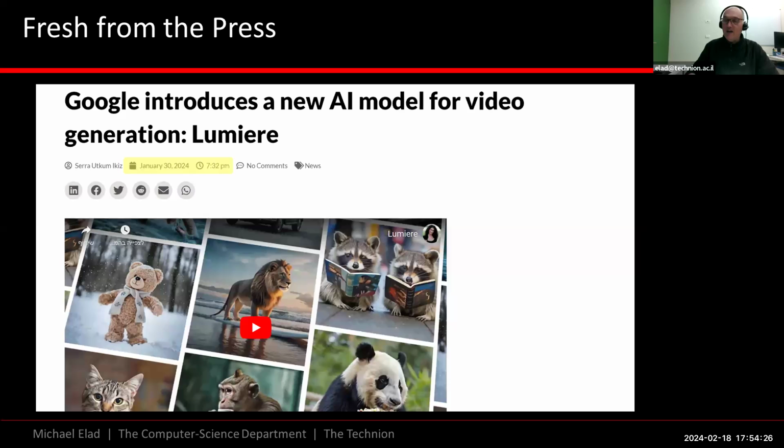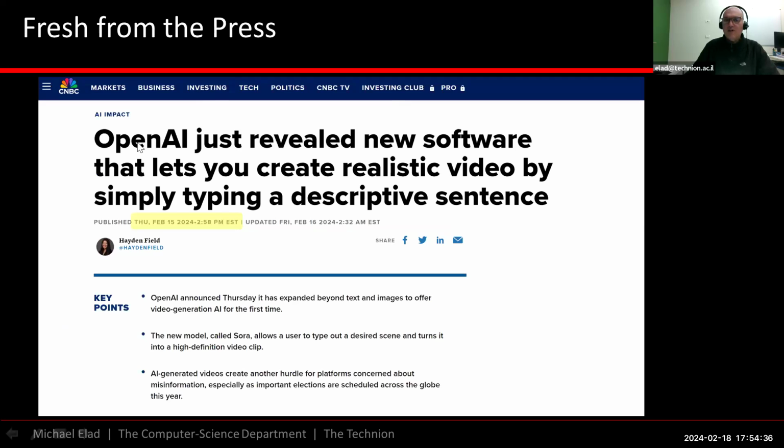By the way, Tomer Michaeli from the EE department is part of that team. And they created a diffusion algorithm that generates videos. Here is a press release from 3 days ago: OpenAI just revealed new software that lets you create realistic video by simply typing a descriptive sentence. Okay? It's amazing.